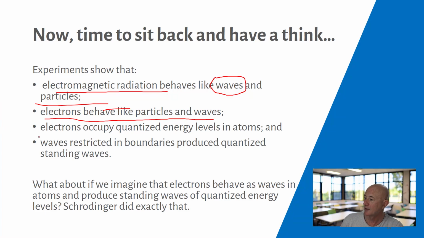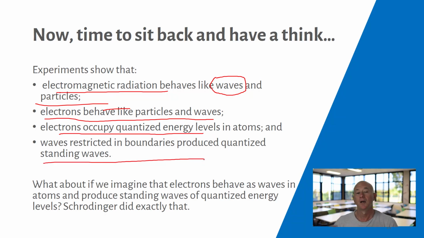It's pretty clear electrons are occupying quantized energy levels. And we also know from classic physics that if you take waves and you put boundary restrictions on them, then to get standing waves, they only occur at particular integral frequencies. That is, their energy levels are quantized.